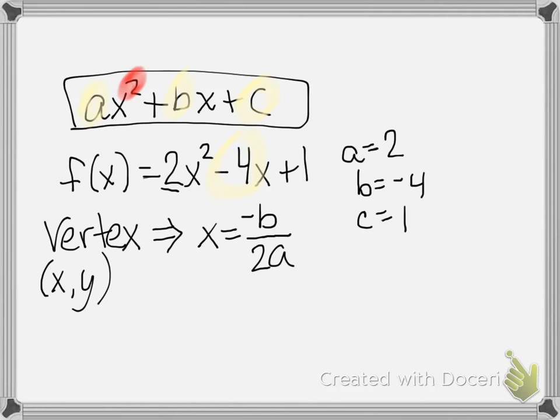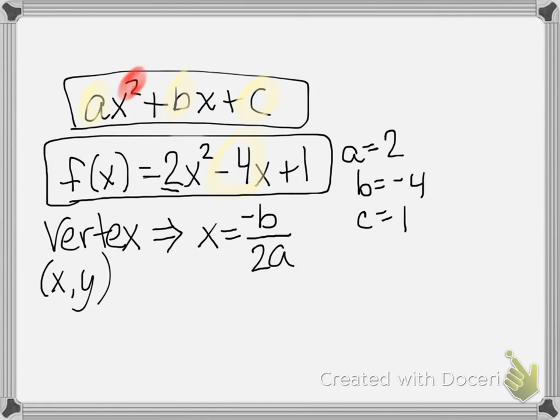So if I had this parabola, and all I had was the equation to it, I could find the x coordinate by going like this. Negative, and my b was -4, so I'm going to have a -4, over 2 times my a, which was 2.